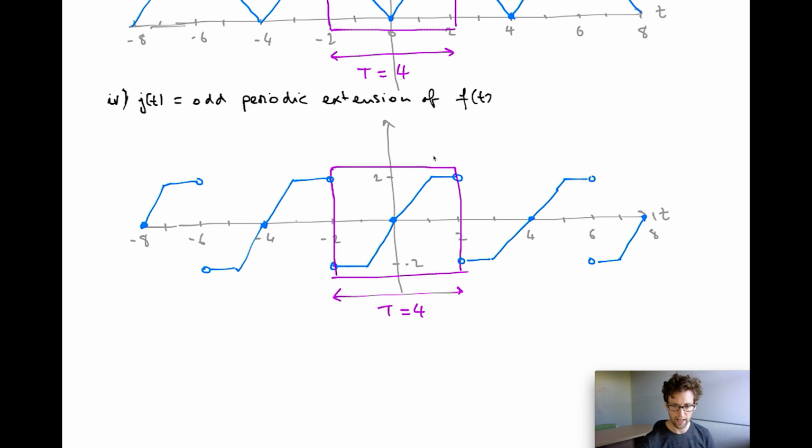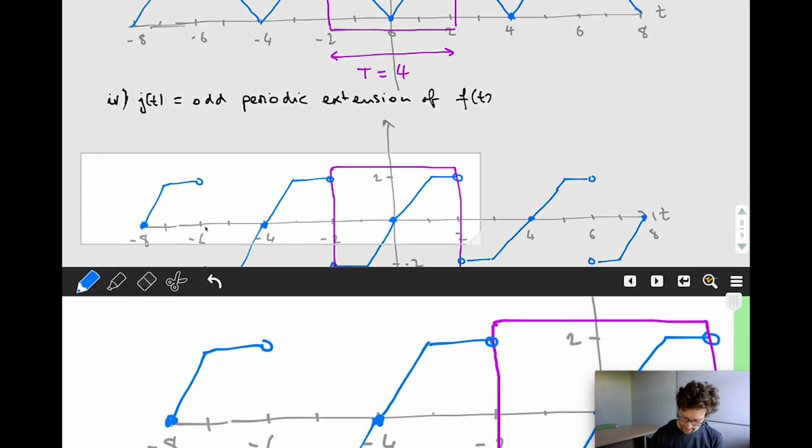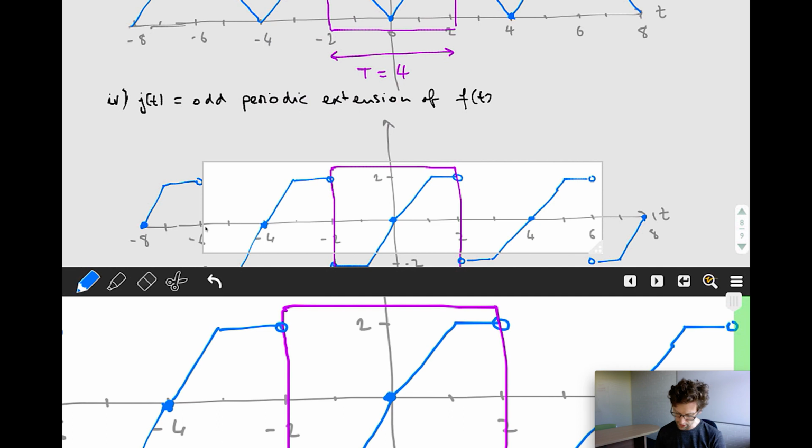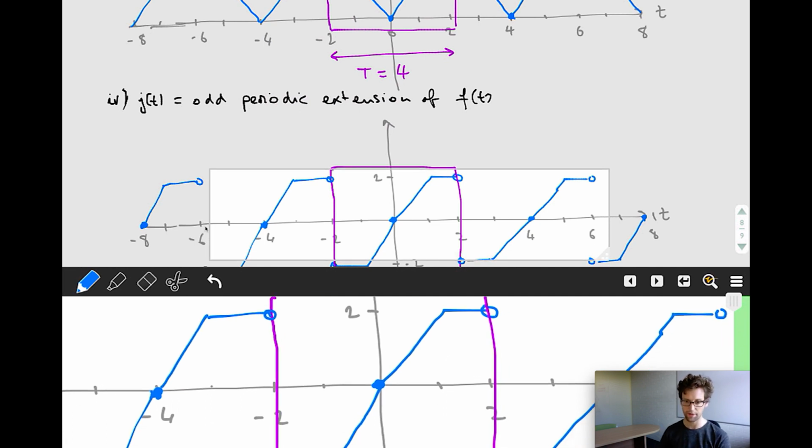You also notice that, again, because the open circles here now are lying on top of one another, I don't actually have a defined value for my function at t is equal to 6 or 2 or minus 2 or minus 6. So I'm going to have to choose a value for this function, but I don't have the freedom that I had for an even function, because whatever I choose, it's got to repeat itself in an odd fashion.